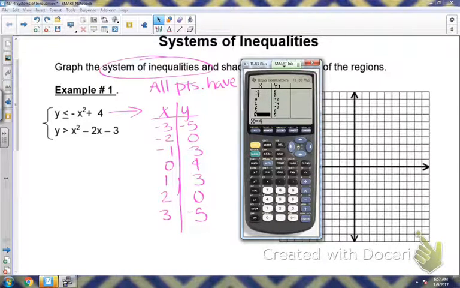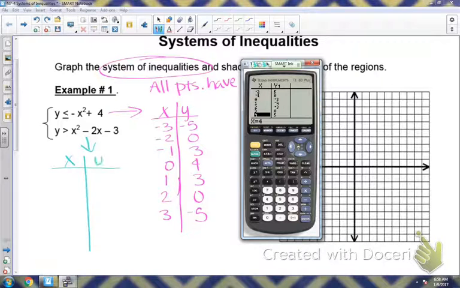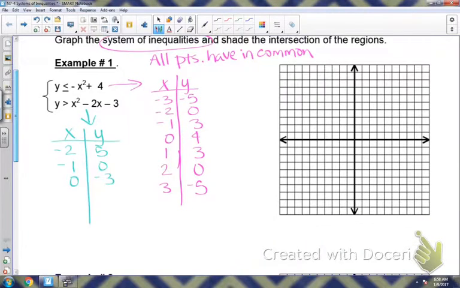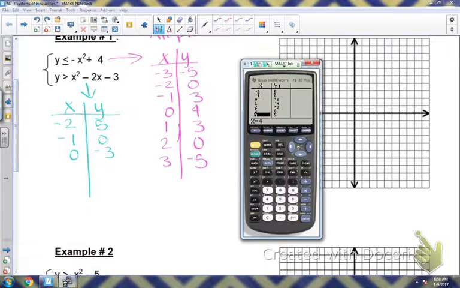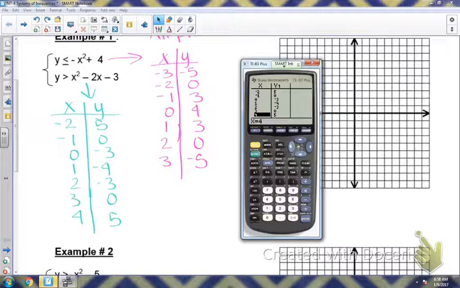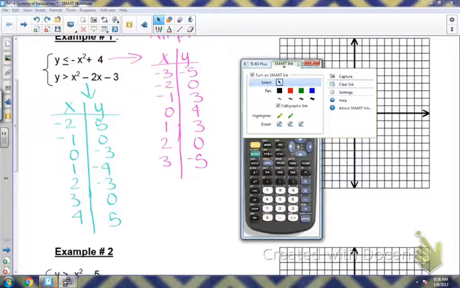Okay, so this one: negative 2, 5, negative 1, 0, 0, negative 3, 1, negative 4, 2, negative 3, 3, 0, and 4, 5. Alright, so I'm going to start with this first quadratic that we have.